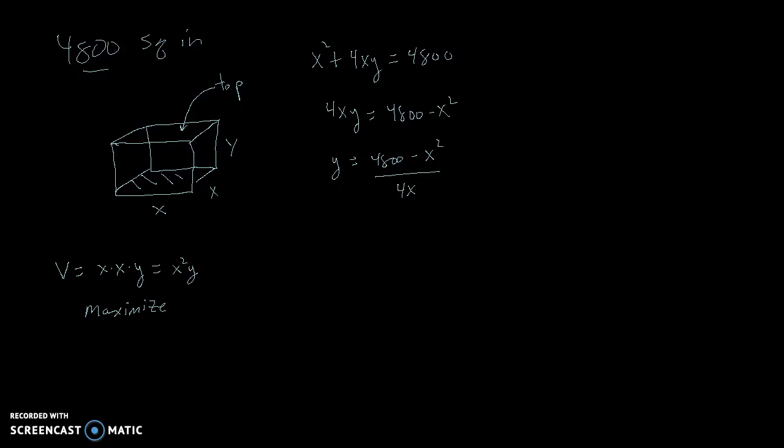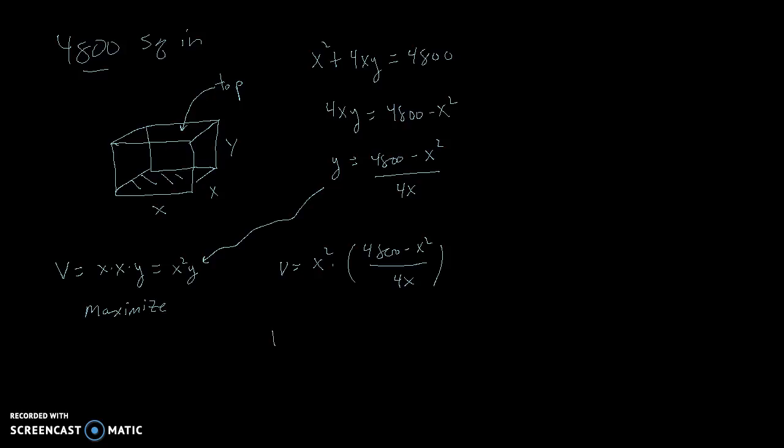And we can take this back into our volume equation now, so that our volume is x squared times this fraction, 4,800 minus x squared divided by 4x. And this is a little bit more complicated on one hand than the original equation x squared y, but it's nicer in the sense that there's only one variable, just x, on the right hand side.